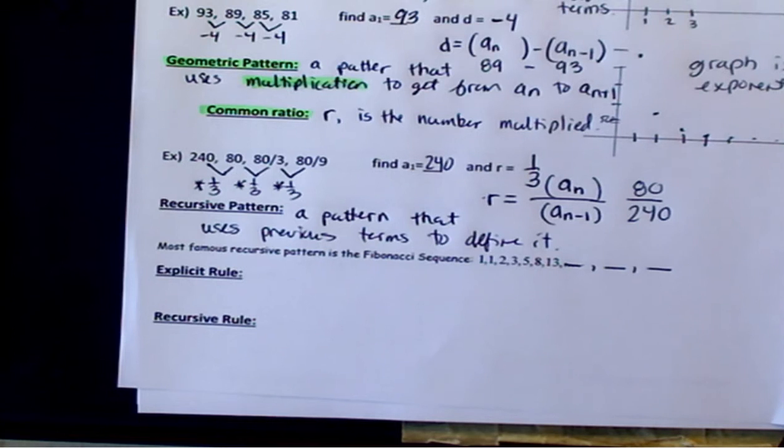Okay, just look for a pattern. Now I put it separate from arithmetic and geometric because it doesn't have to be an add or subtract pattern. It just has to find a pattern. Who can tell me the first missing number? 21.